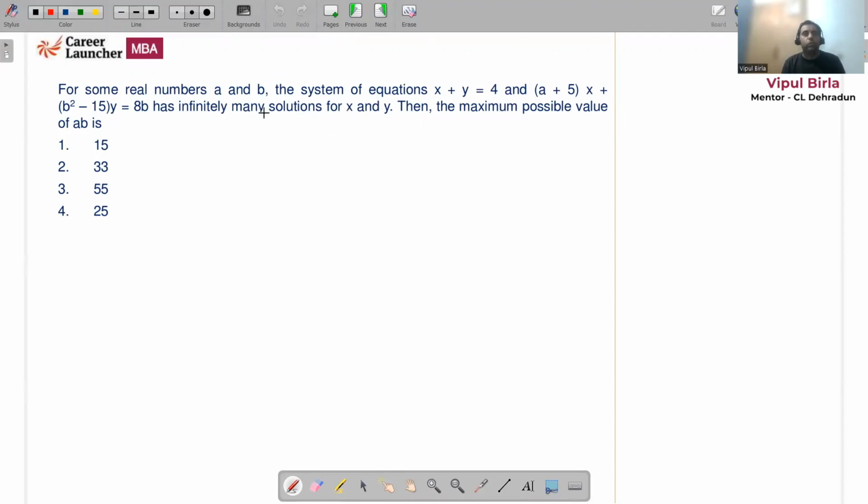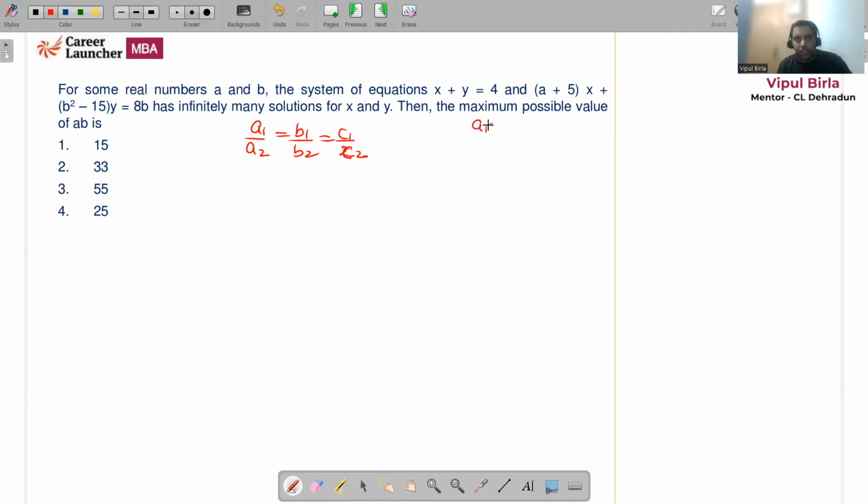So two linear equations will have infinite solutions if a1 upon a2 is equal to b1 upon b2 is equal to c1 upon c2, where a1, b1, c1 are the coefficients of x, y, and the constant term for the first equation, and a2, b2, c2 are for the second equation respectively.